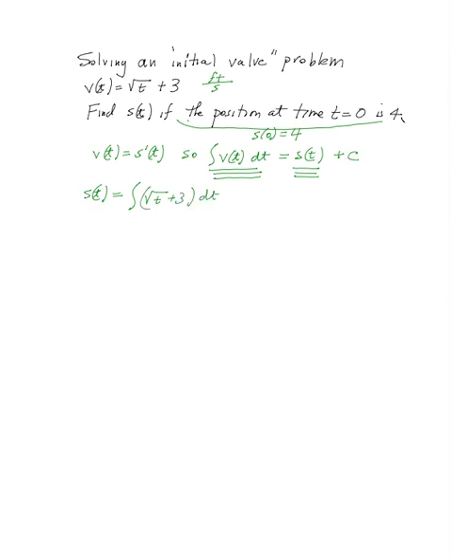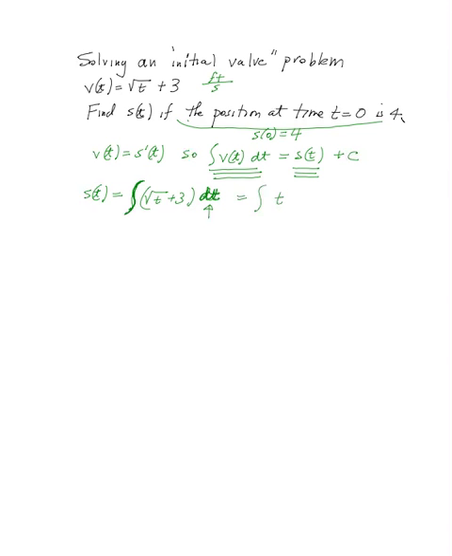Please get in the habit of writing the complete antiderivative symbol. That consists of this and this. It'll mess you up later on if you don't write this. Right now it seems meaningless, but it'll mess you up later on if you don't.